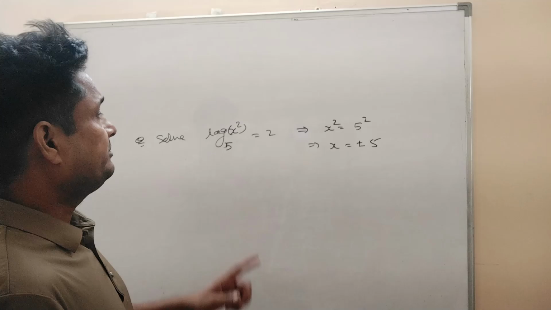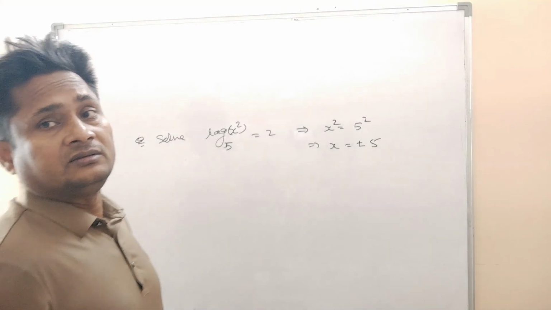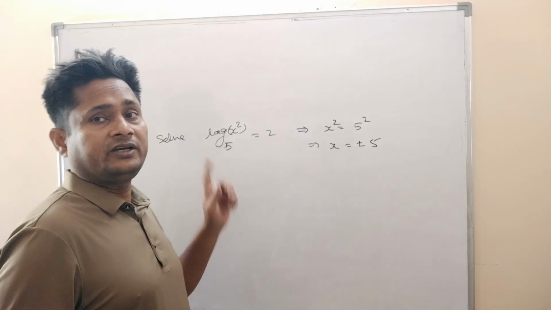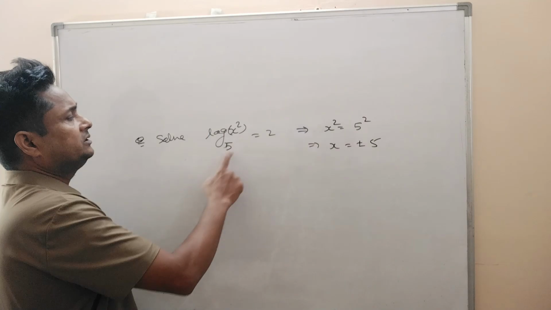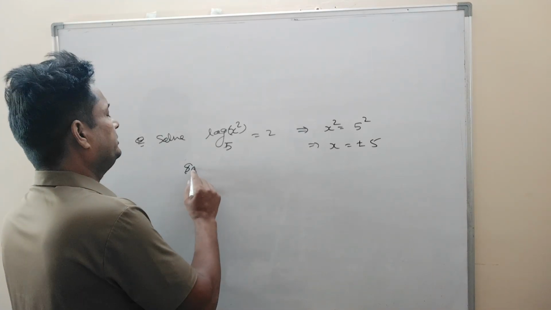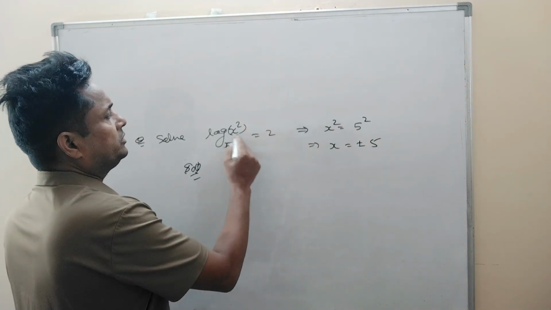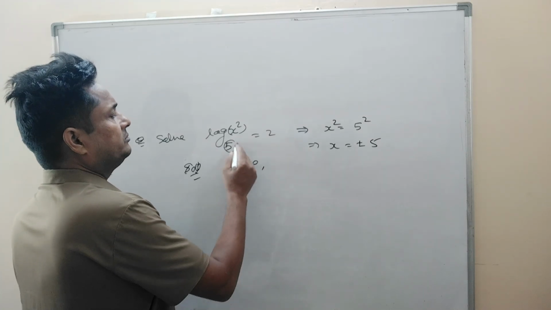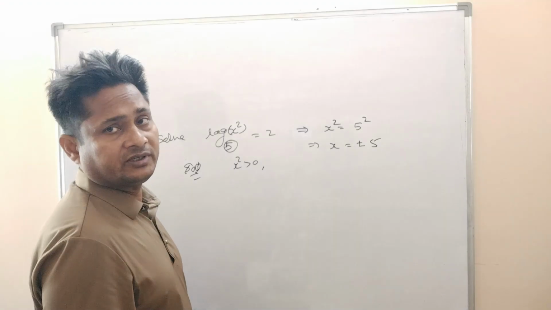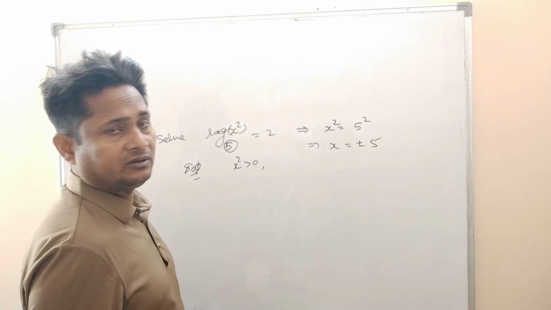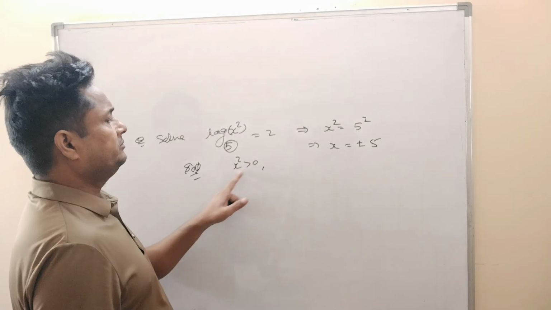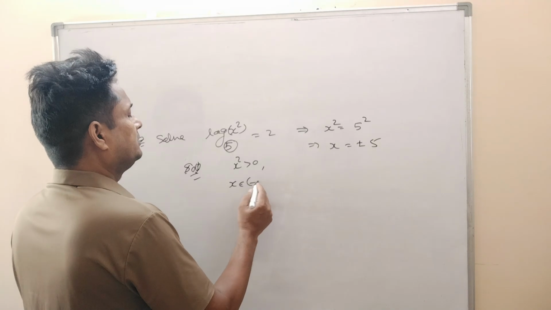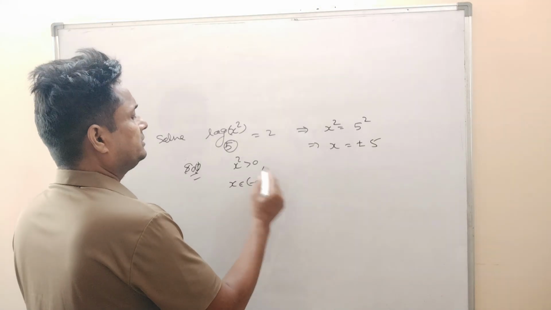But here we have to find the values of x for which the log will be defined. So what will be the condition on this log? The input is x square, so x square must be greater than 0. The base is already positive because 5 is given, and the base is also not equal to 1. So the solution of this one will be x belongs to minus infinity to infinity except 0.